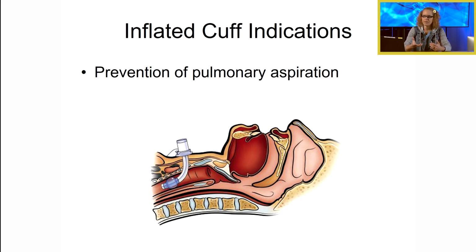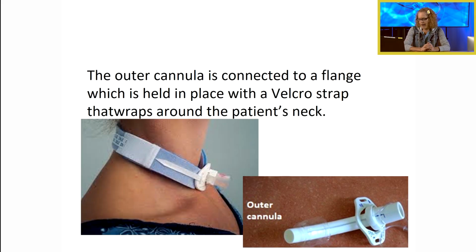They can't cough that out, right? And then all of that in the lungs puts them at risk for infection, right? For pneumonia. And so we want to try and prevent that from happening.